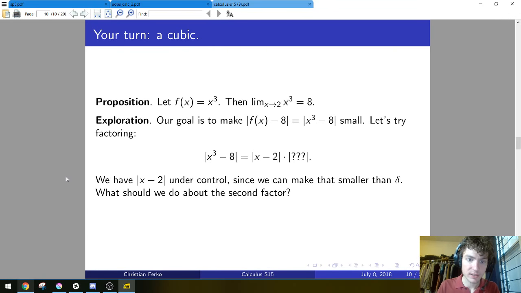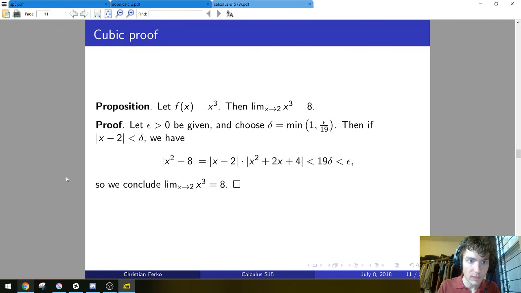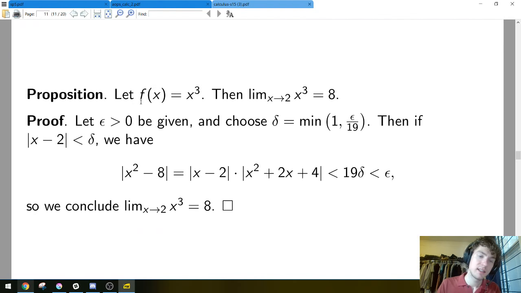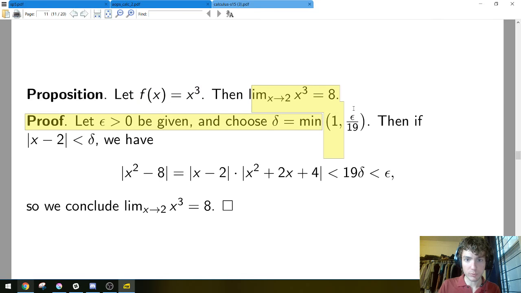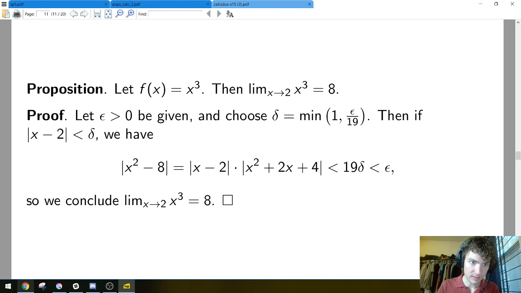So then we're basically done. Let's just write it out slightly more neatly. Same thing, proposition: let f of x equals x cubed. The limit as x approaches 2 of x cubed is 8. And how does the proof go? Same thing. Let epsilon greater than 0 be given. You hand me an epsilon, I have to tell you how to get a delta. Choose delta to be the minimum of 1 and epsilon over 19.